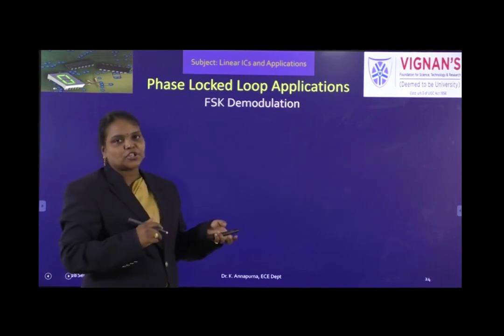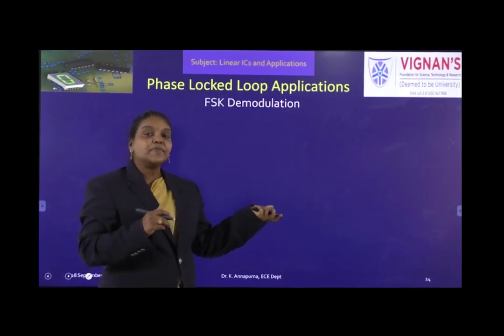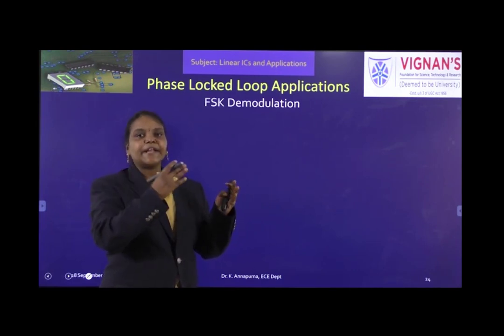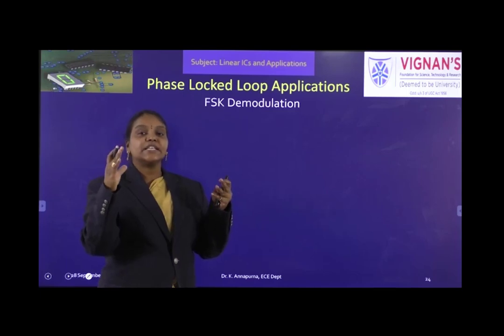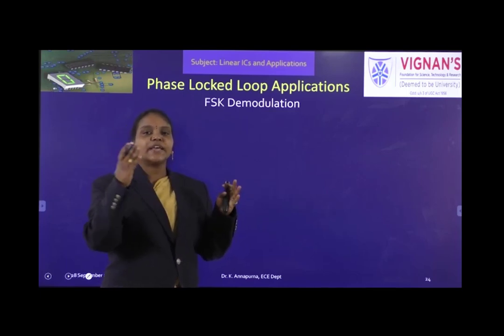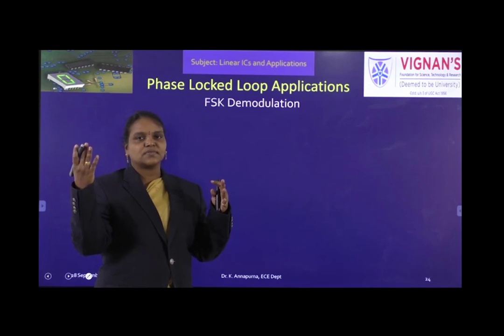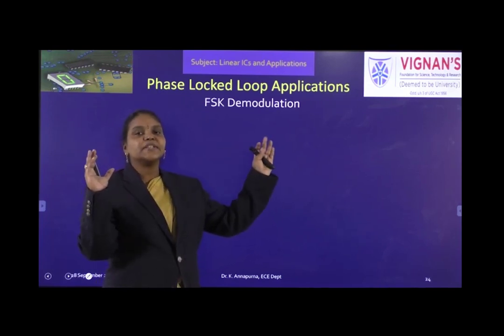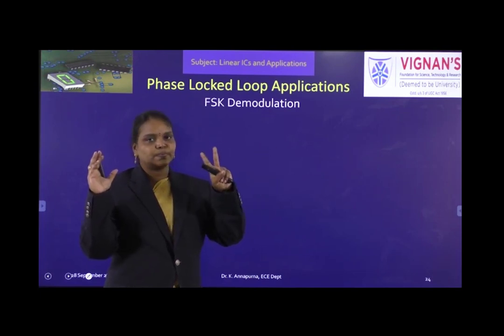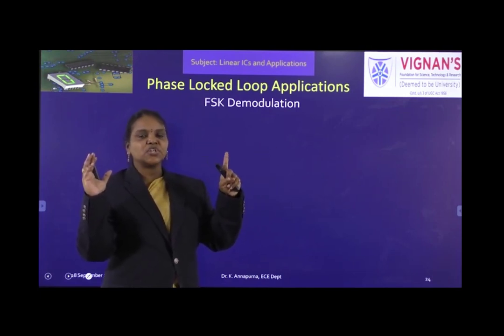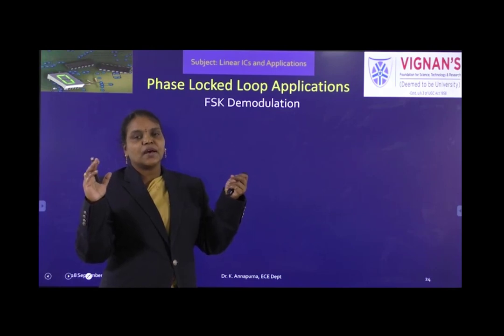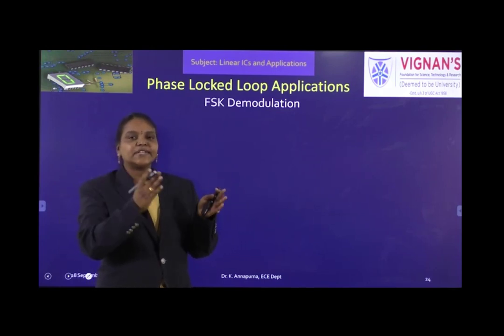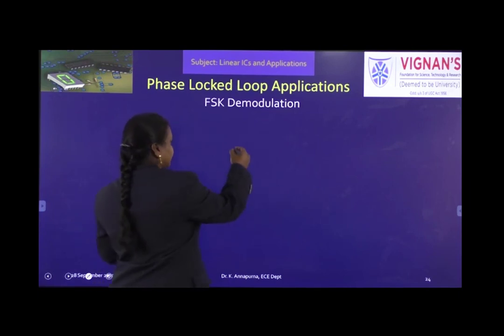Similarly, FSK demodulation. In FM demodulation, we have an infinite number of frequencies, from 88 to 108 megahertz, because it is continuous modulation. So we can have n number of frequencies; we can't count that many. Whereas in FSK, the incoming signal has only 2 frequencies: one frequency for logic 0 and one frequency for logic 1. For example, if we take a teletypewriter, it changes between 1070 Hz and 1270 Hz.